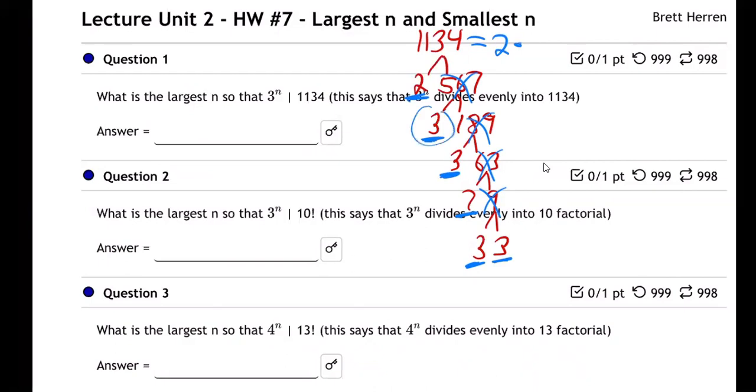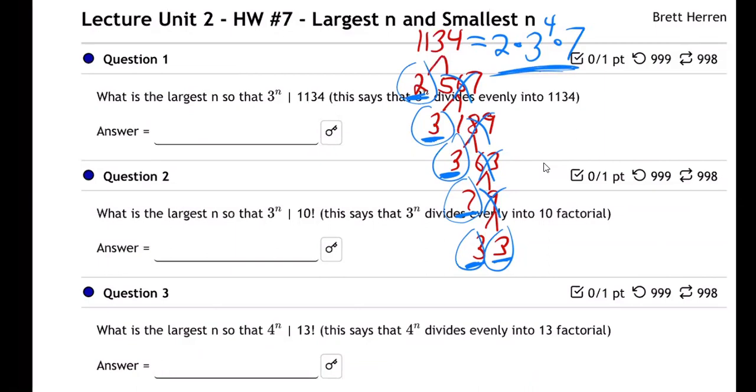It looks like 1, 2, 3, 4 3's times 7, right? A 2 and a 7. So there's the prime factorization of the 1134. 1134 is 2 times 3 to the 4th times 7. That's the guts of an 1134. That's what's inside of an 1134.